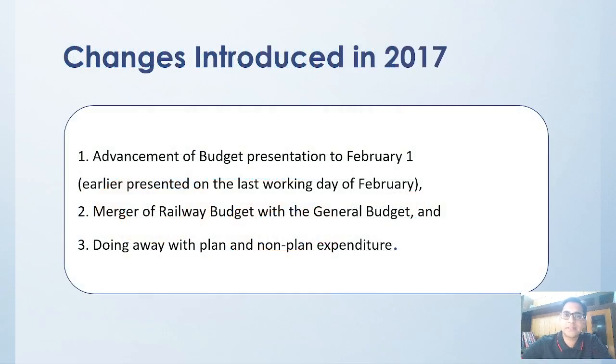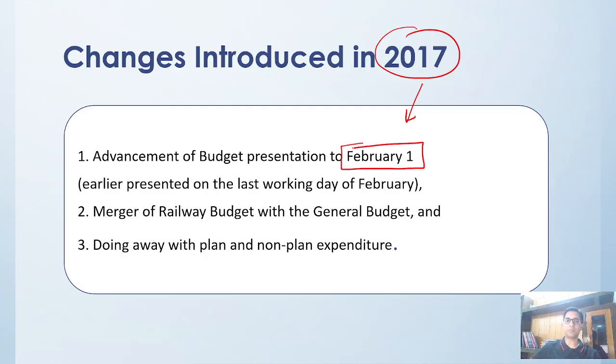Now what happens after 2017? Before 2016, the budget was prepared on every 28th or 29th of February. But from 2017, the budget presentation moved to 1st of February. On 31st of January, the economic survey is released. Earlier, it happened on the last day of February.